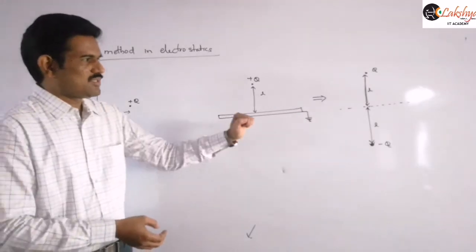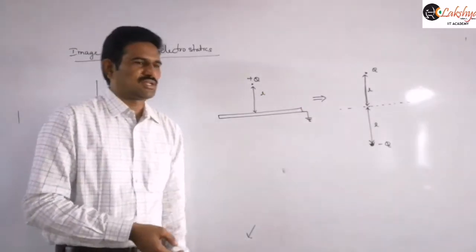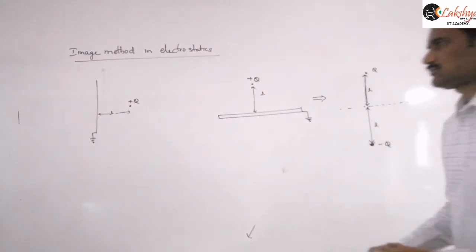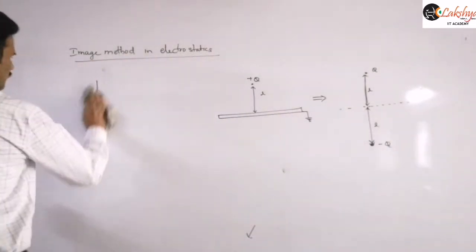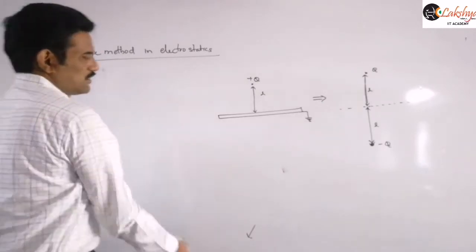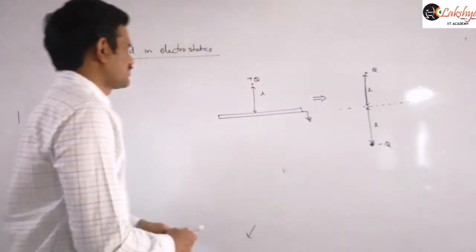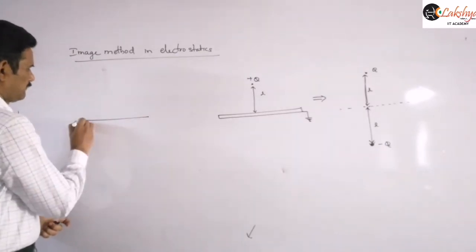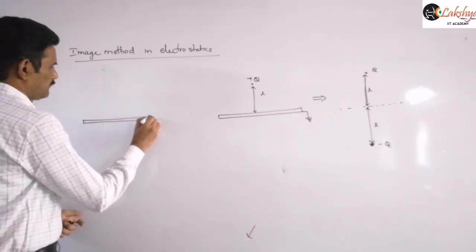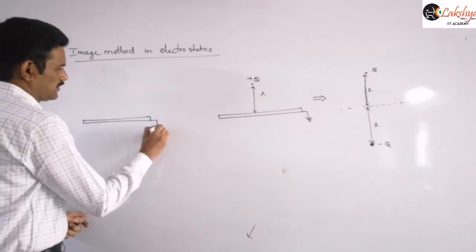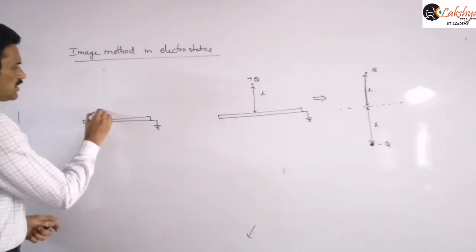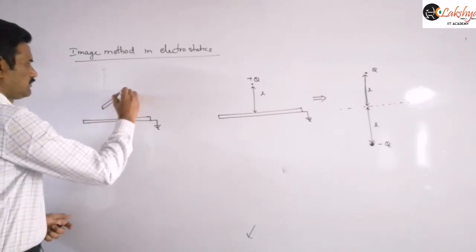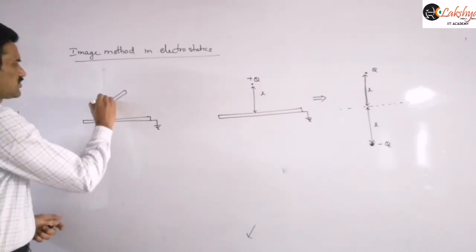So for example, this is the given configuration and we are converting like this. If suppose some extended object is given, like suppose here I am taking this extended object, so this is again the conducting plane here. Here I am taking this, this is a positive charged rod.